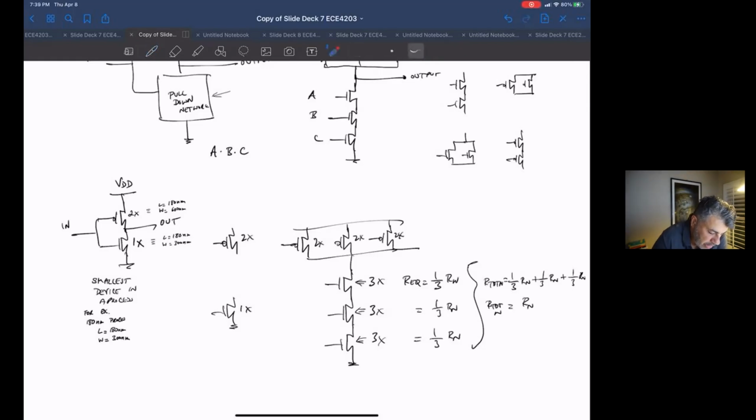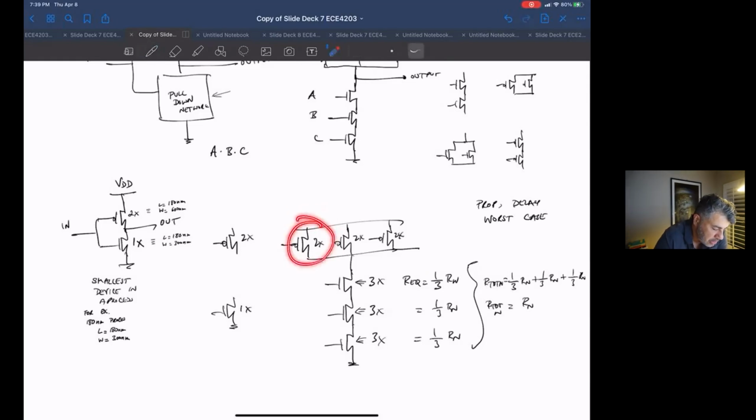Now, when we have the pull up in parallel, notice that you can have a whole bunch of different resistances. You could have only one of these guys on to pull up, you could have two of them on, or you could have all three of them on. But when you're looking at delays, we're looking at the prop delay. So for a propagation delay, it's worst case. And the worst case pull up is only when one device is on.